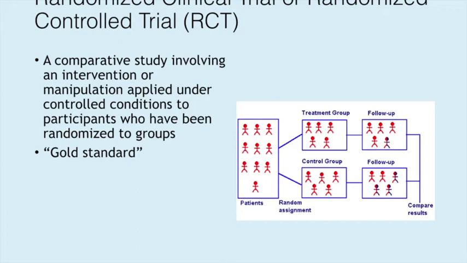The randomized controlled trial is a comparative study where there's two groups. There's one overall group of people that are randomized into two groups, a treatment group and a control group. Both groups are then followed, and then over time we compare the results of those who received the treatment versus those who didn't.